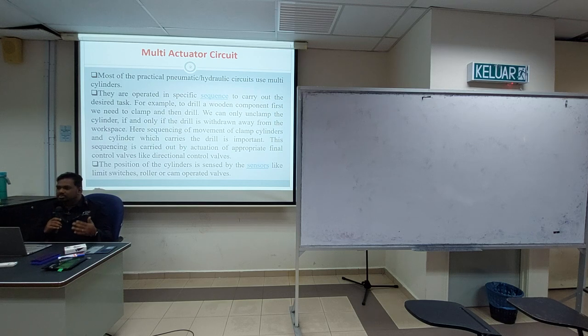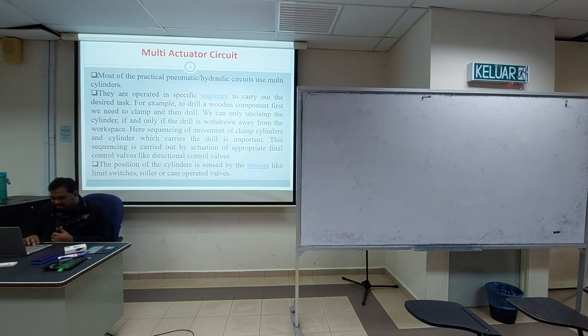When you have multiple cylinders, you will have a sequence. Okay, cylinder 1 extend dulu, then cylinder 3, then cylinder 2. Different applications akan gunakan different sequence. You normally will have a sensor to detect whether the cylinder is extended or retracted.